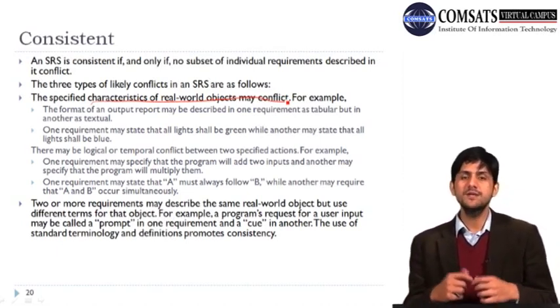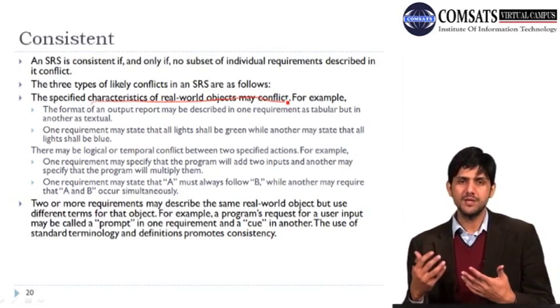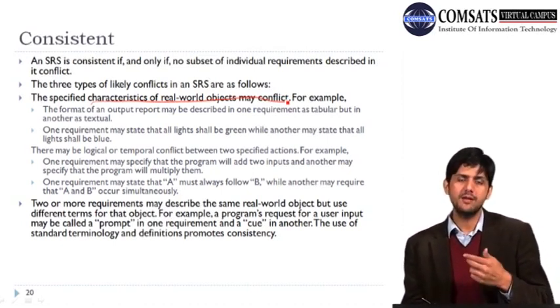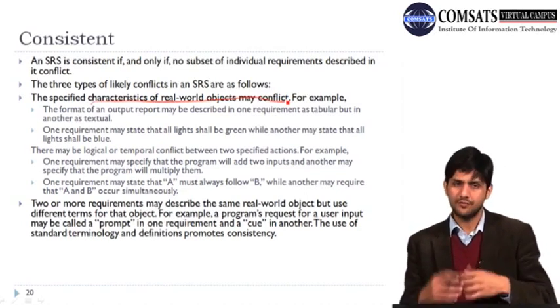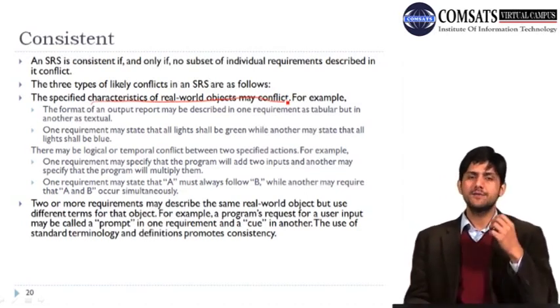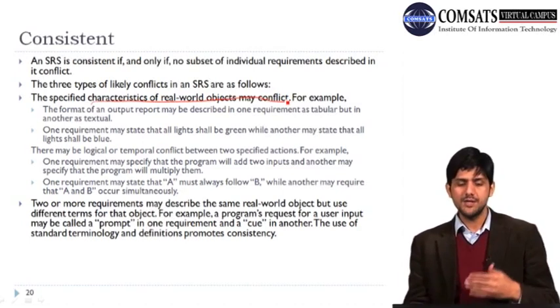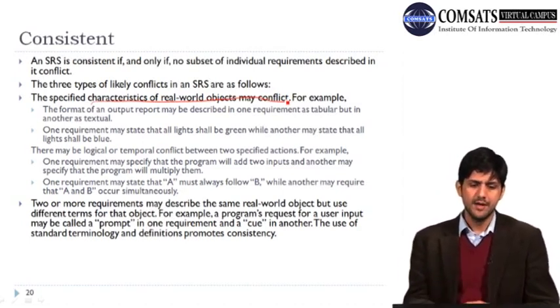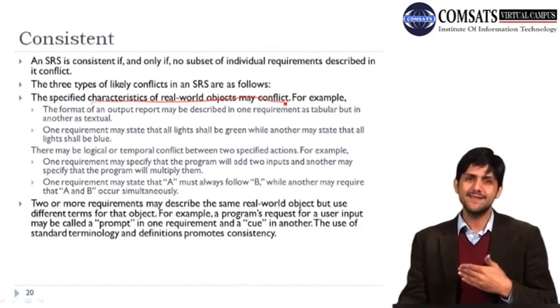And then finally, we are using different terminology for the same real world object. For example, we are saying that a prompt would take the user input, and in another instance we say the queue for the user input. So it is very important to use consistent terminology throughout your SRS document.